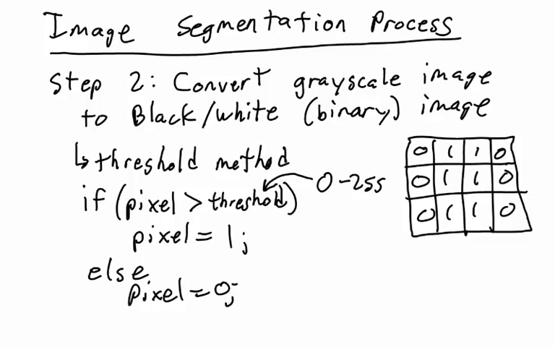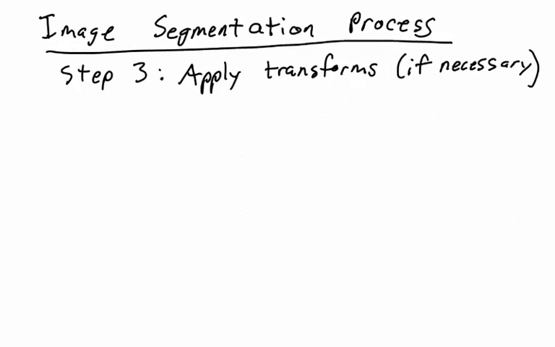Step 3 in the image segmentation process is to apply transforms if necessary. Our goal in pre-processing the image to get a black and white image is to have each of the objects that we want to identify separated from one another.